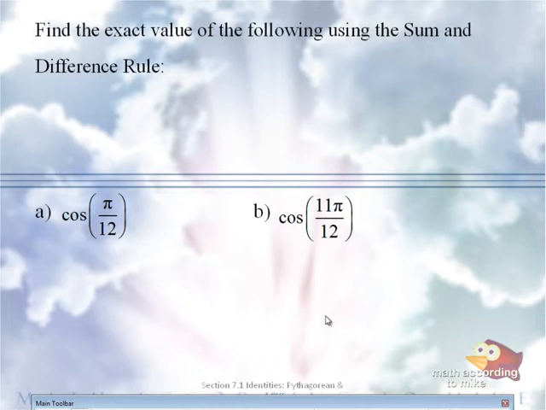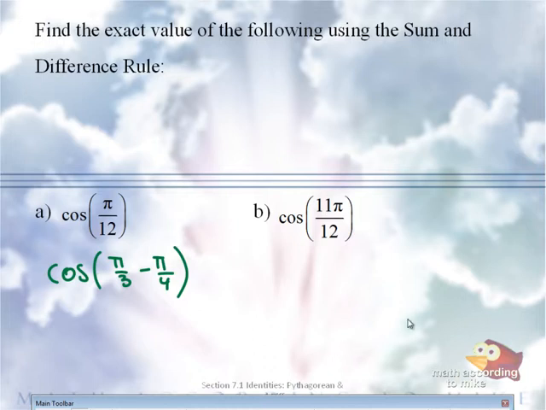So what is 4 pi over 12? Pi over 3. And what is 3 pi over 12? Pi over 4. There you go. So 1/3 minus 1/4 is 1/12. You want to pick two known numbers on the unit circle, such that when you add or subtract them, you get pi over 12.